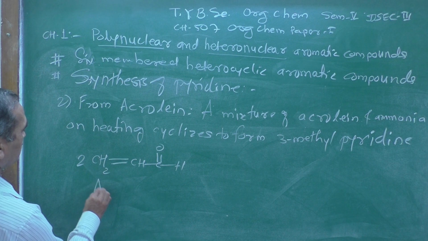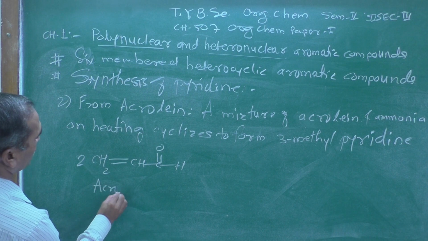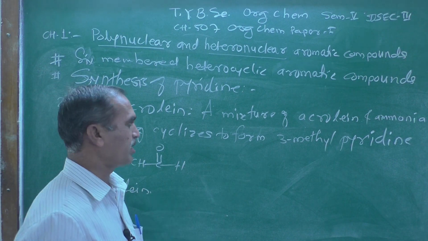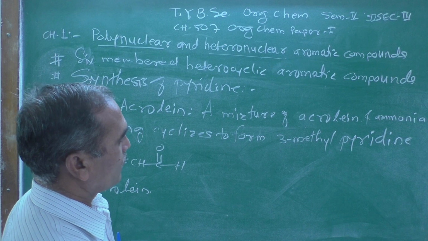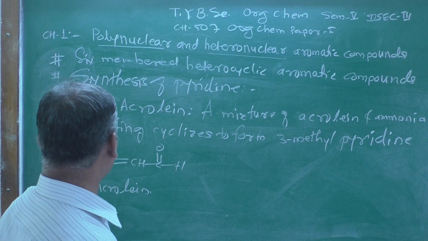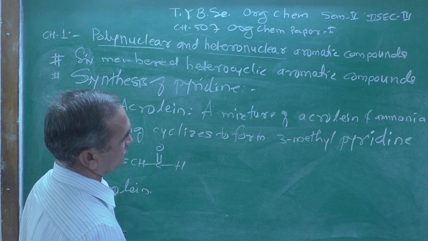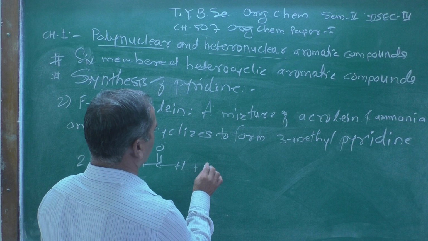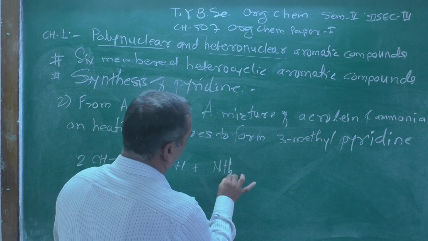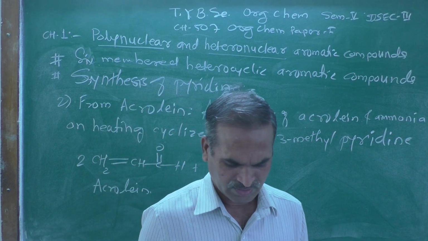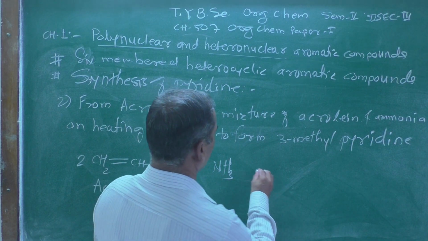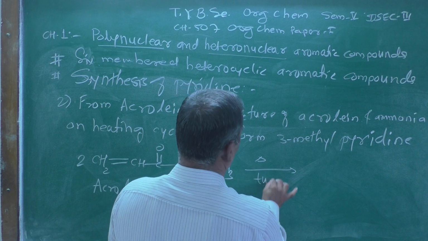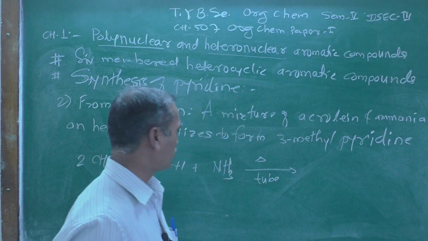This is the common name of this compound, acrolein, which can be obtained by using aldol condensation, and now it will be treated with ammonia, NH3, in a sealed tube.